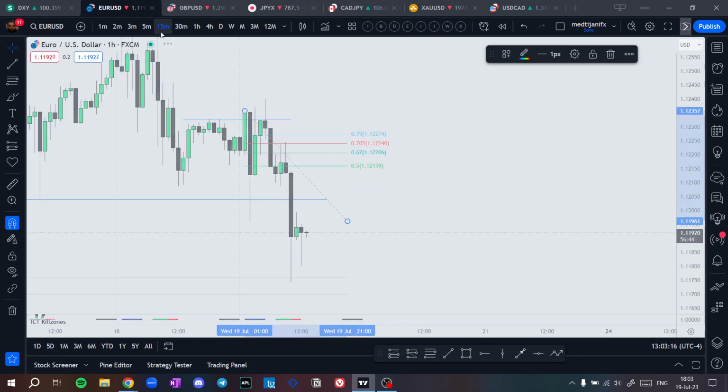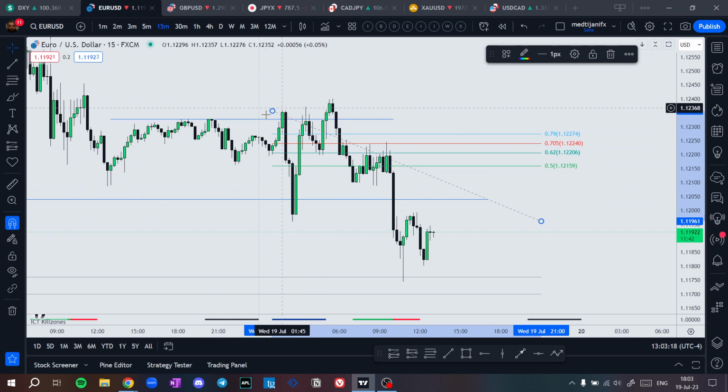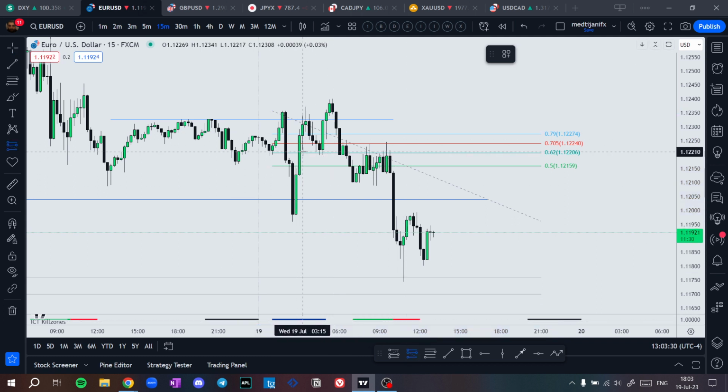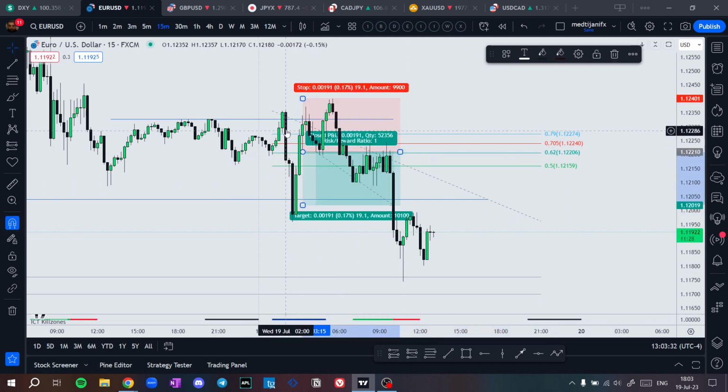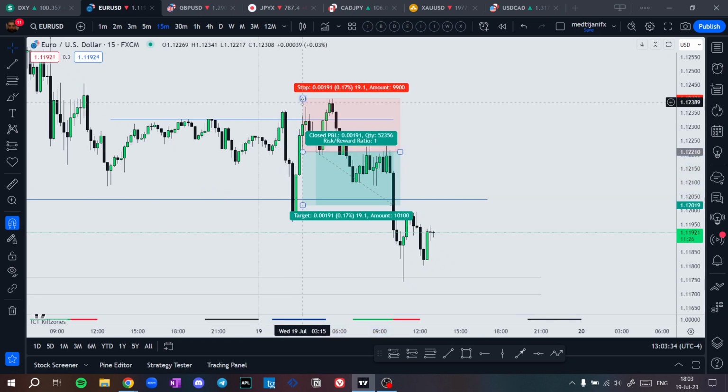If we go to the 15-minute time frame, price has taken buy side liquidity above these equal highs, then drops lower, breaking market structure. Then I use this high and this low.